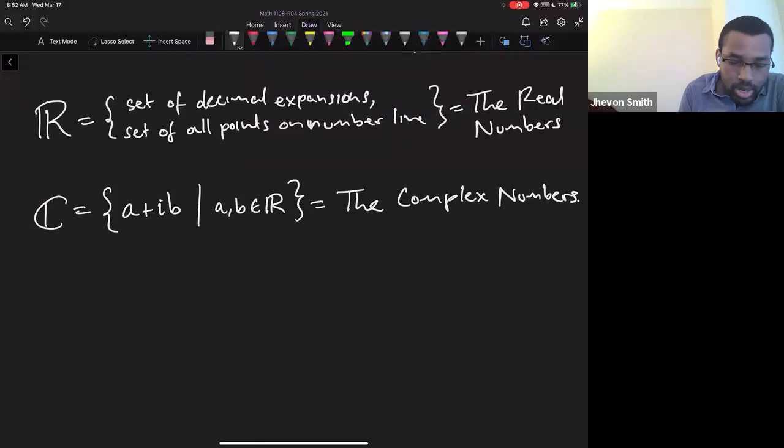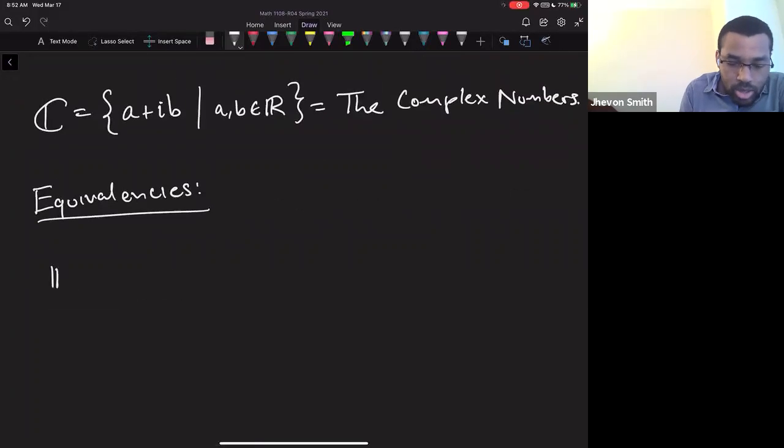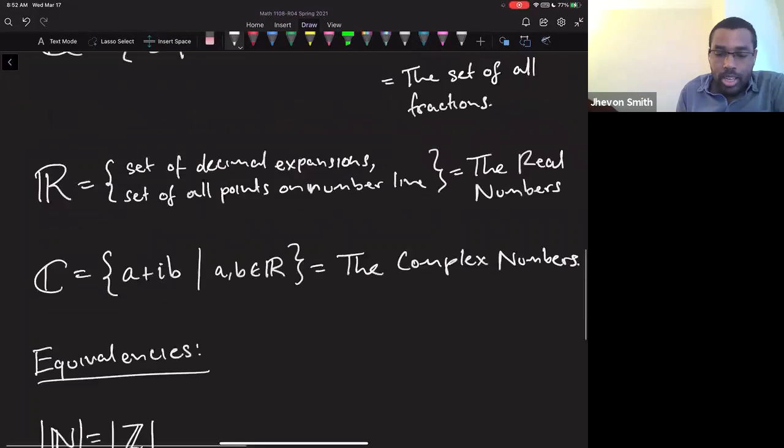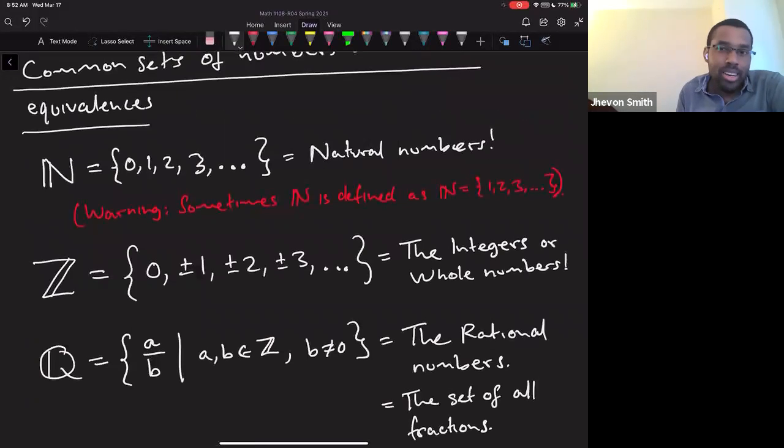So it turns out now the equivalencies of these numbers are the following. The set of natural numbers has an infinite number of things in it, but it actually has the same number of things as the set of integers, right? So me throwing in all the negatives doesn't actually change the numerical equivalence.